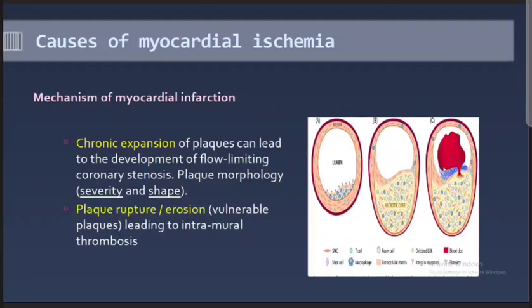And this will lead to a marked reduction of blood flow at the level of the plaque, even when the plaque is not severe. The plaque could cause 30 or 40 or 50% stenosis, but it can develop thrombosis on top due to disruption of its fibrous cap, and this will lead to acute ischemia.